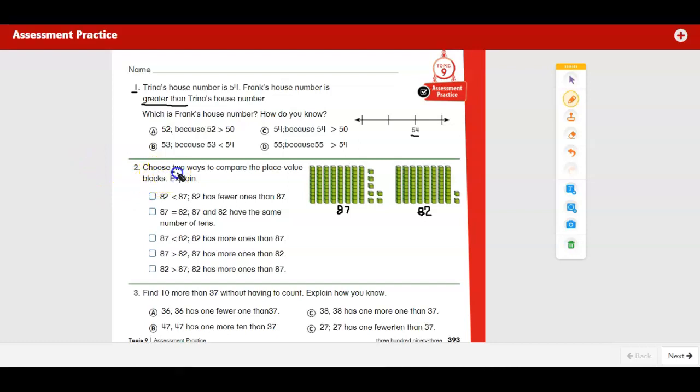It wants us to choose 2 ways to compare these place value blocks, 87 and 82.